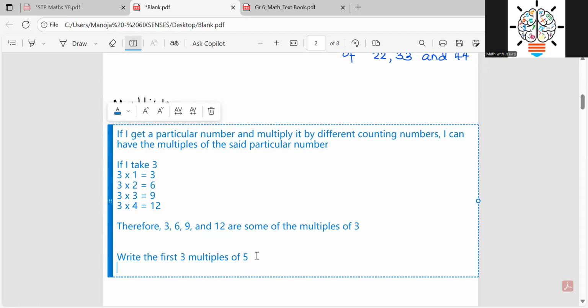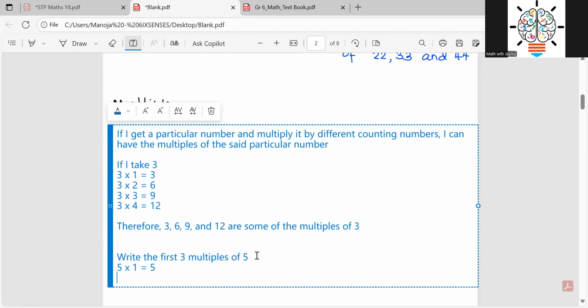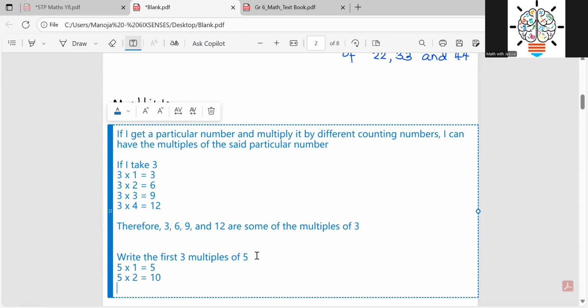So how do you find it? You multiply 5 by 1, then 5 multiplied by 2, and then 5 multiplied by 3, like this.